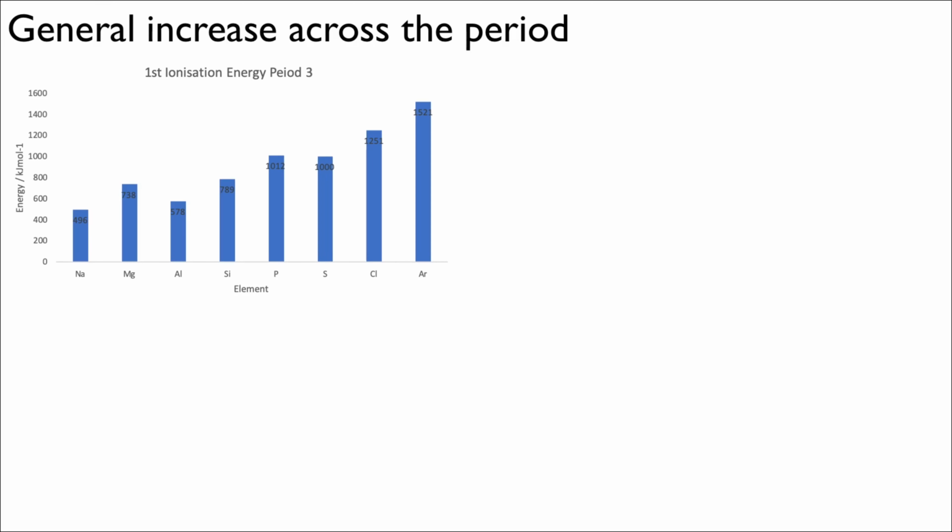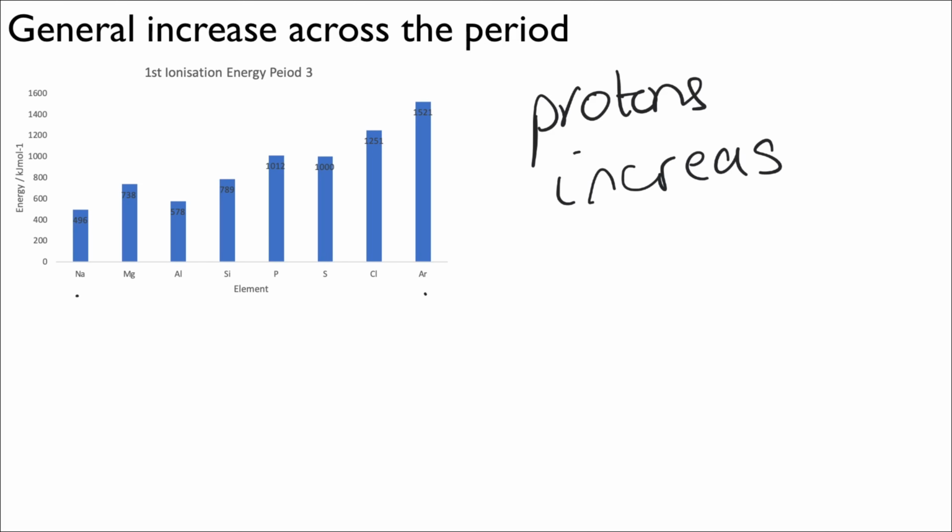So the general increase across a period can be explained due to electrons and the nucleus. As you go across the period, from sodium to argon, the number of protons in the nucleus increases. You have more protons, okay?